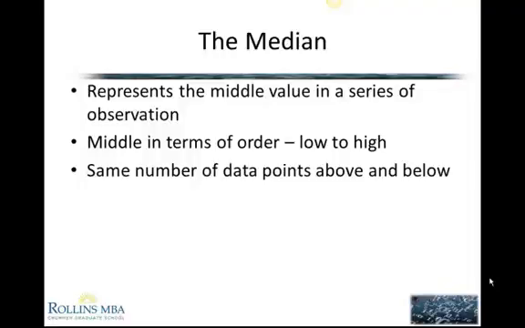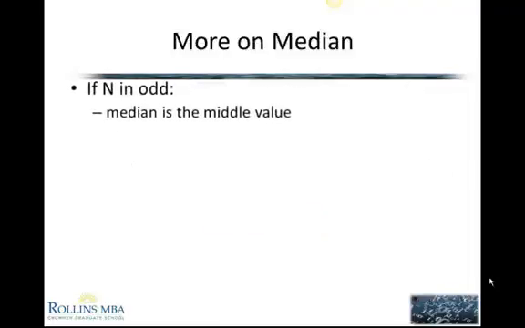And in Excel, again, I can calculate this using the formula equals median, and then in parentheses I select my data set. Now the calculation that's done here is slightly different if I have an odd number of observations or an even number of observations. Because you'll remember the idea is to find a value such that I have an equal number of points on either side of that median value. But if my total number of observations is odd, then that median value is just going to be the middle value.